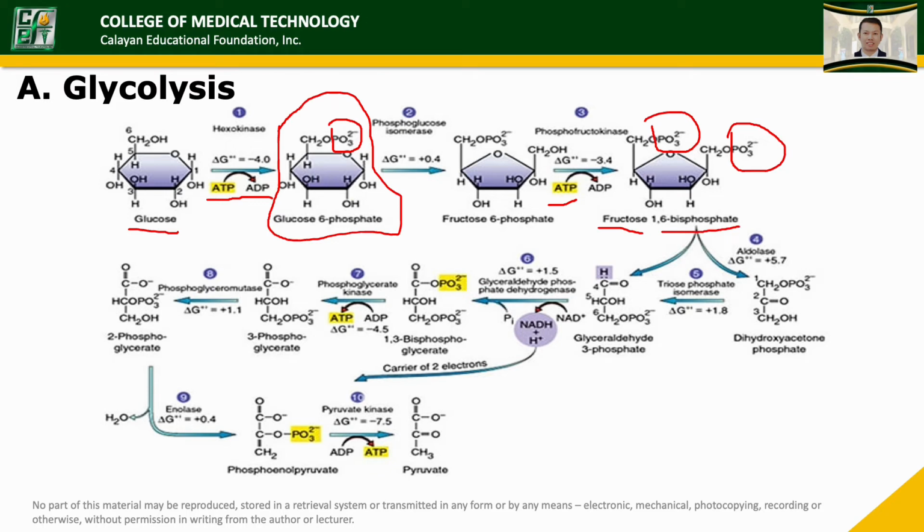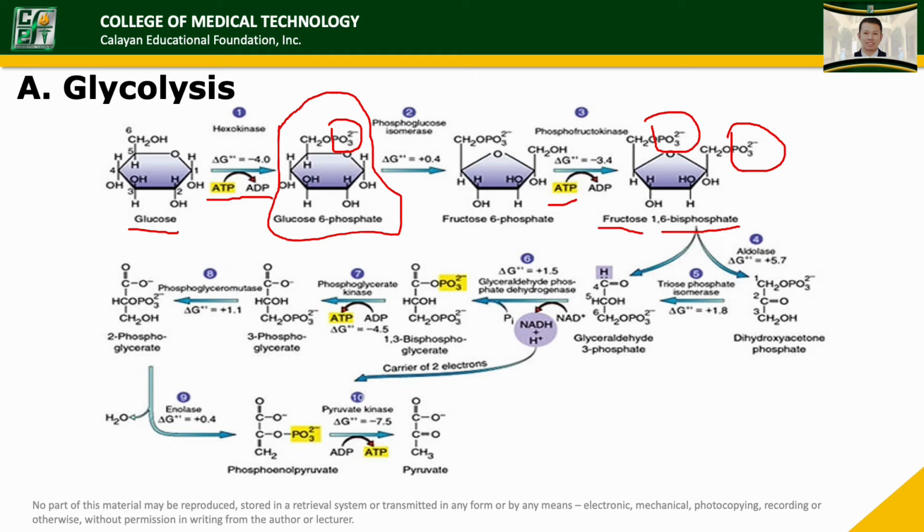And then upon doing that, the fructose 1,6 biphosphate will be broken down into two equal parts. The first part will be called glyceraldehyde 3-phosphate, and the other one will be called dihydroxyacetone phosphate. So we are going to move on to the left side of the illustration.